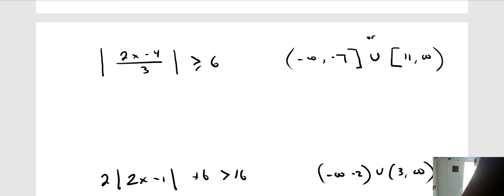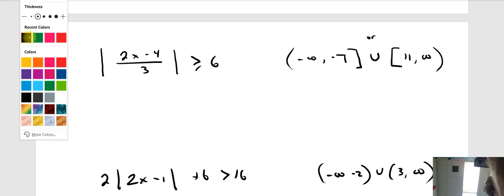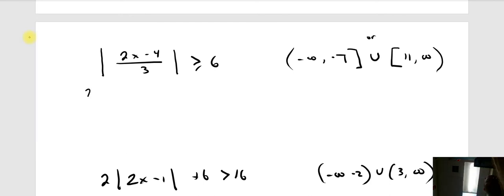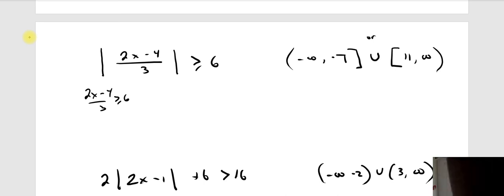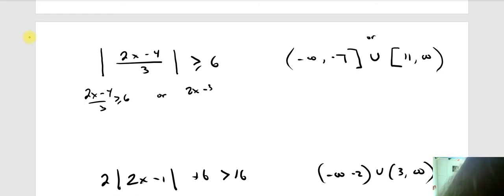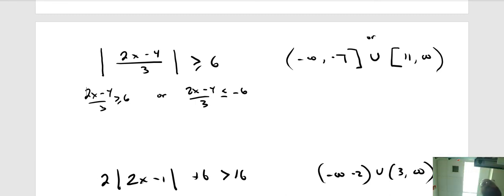So now, when we undo our absolute value, one possibility is 2x minus 4 over 3 is greater than or equal to 6. Or the other possibility, 2x minus 4 over 3 less than or equal to -6.